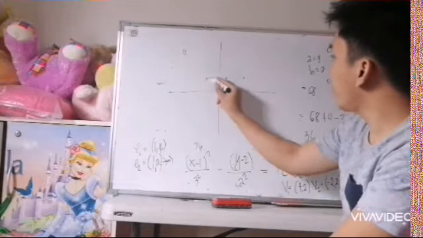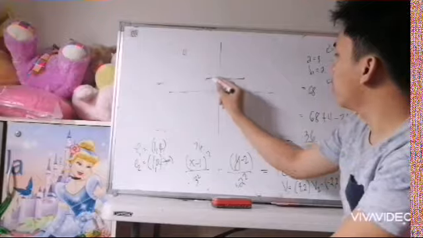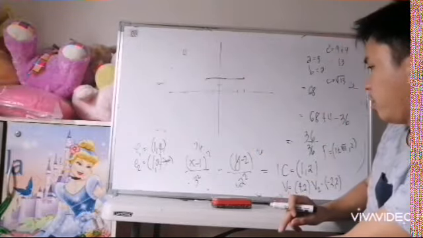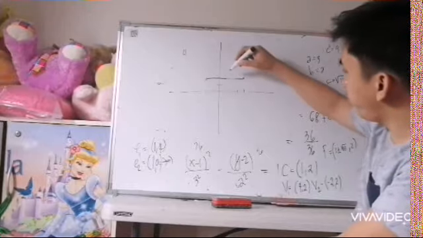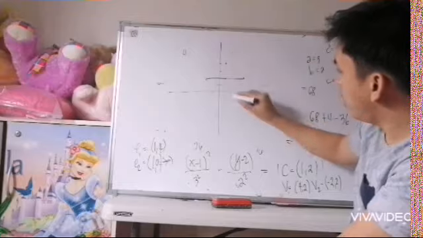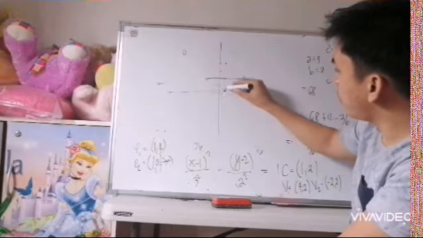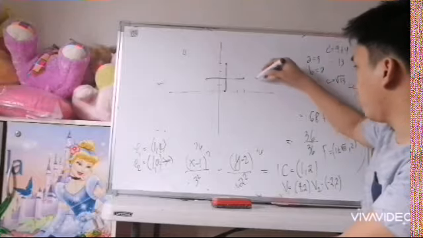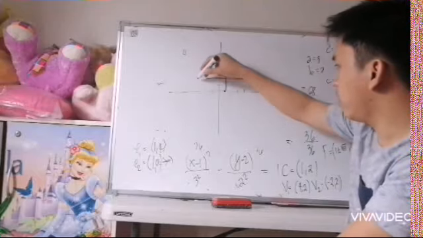So this is now my major axis. My co-vertices are 1, 4 and 1, 0, so this is now my minor axis. Somewhere here are my foci.